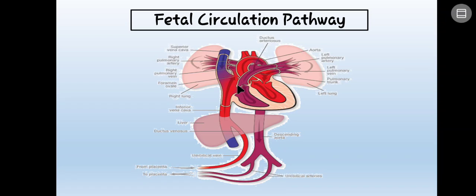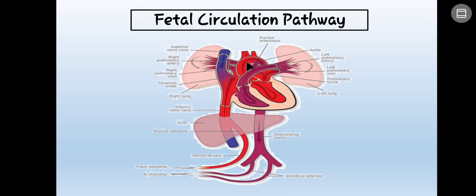So let's assume that per chance, there was a mistake and some of the oxygenated blood in the right atrium still entered the right ventricle. It will go through the pulmonary valve into the pulmonary artery, just as in the normal circulation, but it will still not go to the lungs because we don't need the lungs, they are not developed.